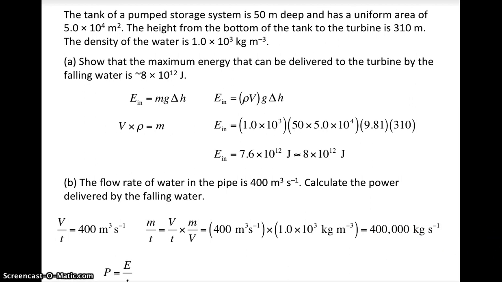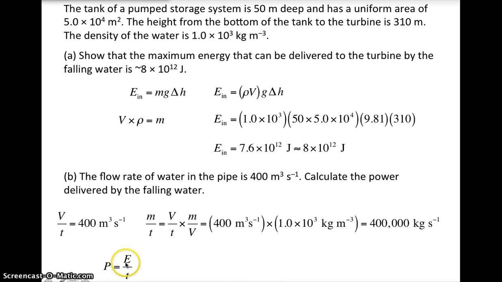Now we can finally find the power. The power is given by the formula energy over time. And what's the energy? Well, again, it's gravitational potential energy that's being converted. So I'm going to break up G times delta H over here, and what remains is M over T. So now we have three things that we know.